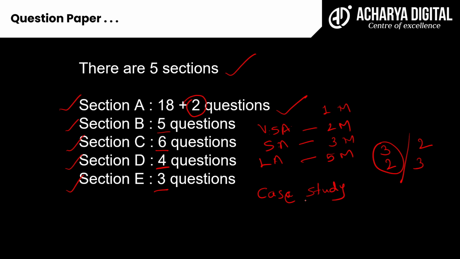So here there will be 3 case studies given to you and each case study will be having 4 marks. So the distribution will be 1, 1, 2. First question for 1 mark, second for 1 mark, third is for 2 marks. So in this manner the question paper is designed.